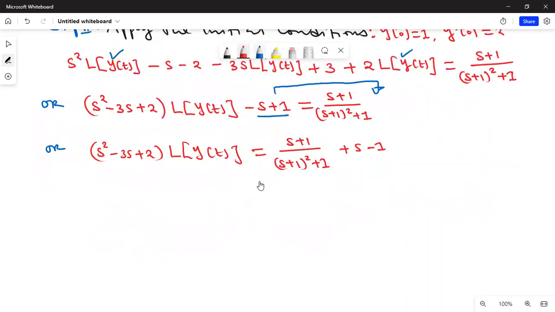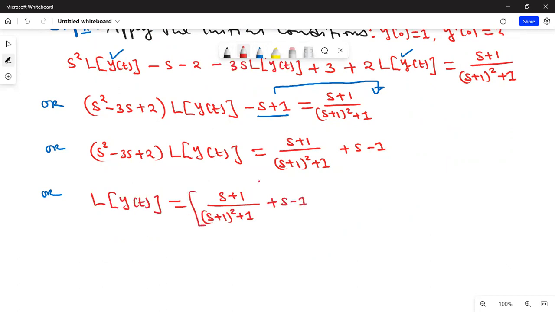So you can say the Laplace transform of y of t as a subject will be (s plus 1) over (s plus 1) squared plus 1, then plus s minus 1.